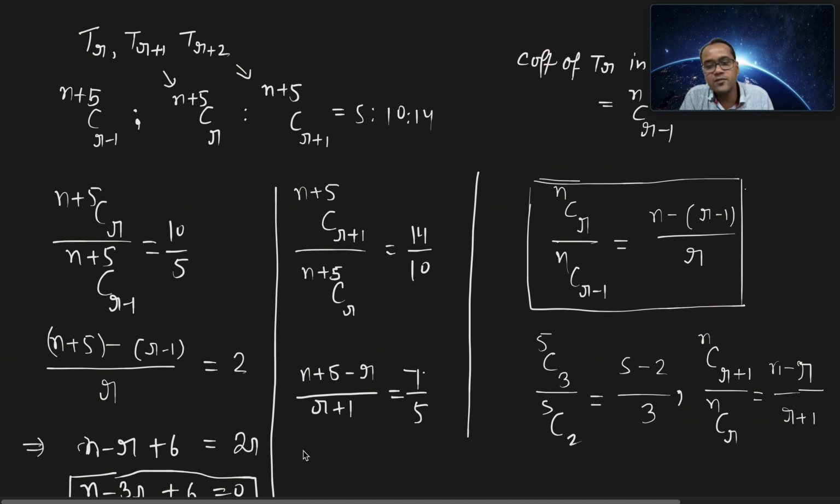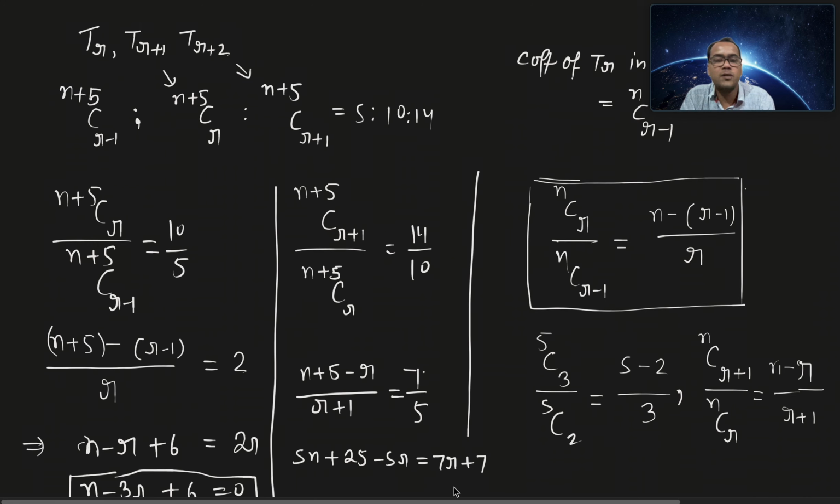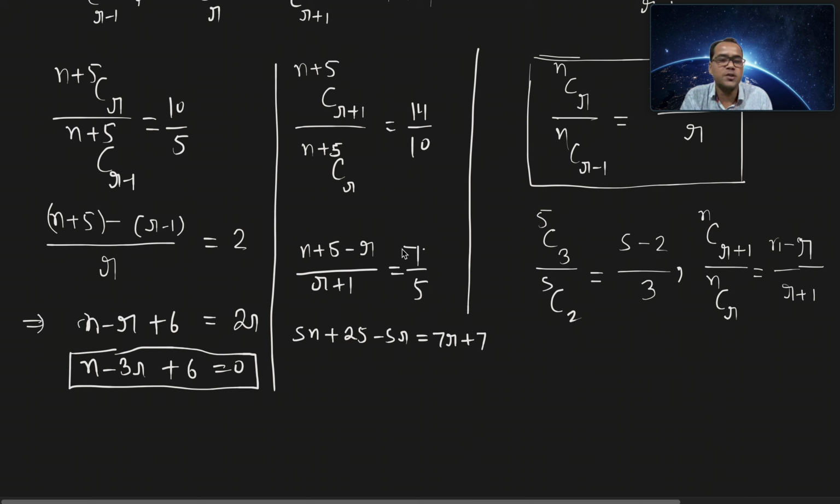So this will give you 5n + 25 - 5r = 7r + 7. If you do cross multiplication, from here you will be getting 5n - 5r, and this 7r will come to the left hand side. It would be minus 5 minus 7, minus 12r. Plus 25 minus 7 it would be plus 18 is equal to 0. So this is our second equation.